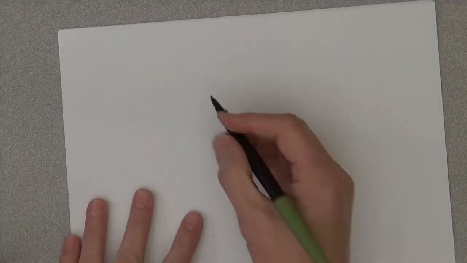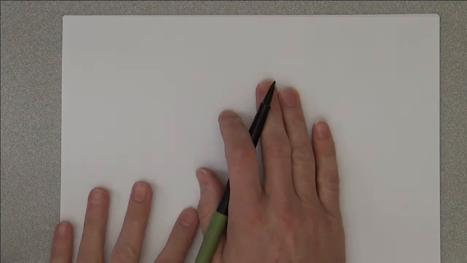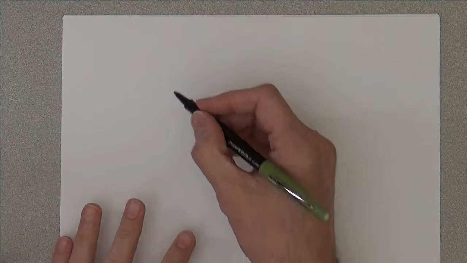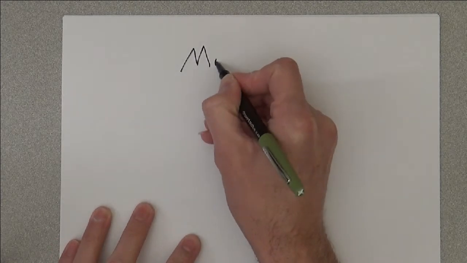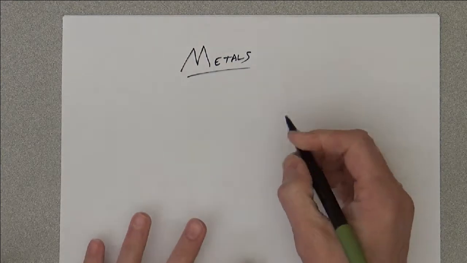So let's begin by talking about a class of material which is, in some regards, kind of the simplest to discuss, and in others, not so much. Metals. Metals are opaque.